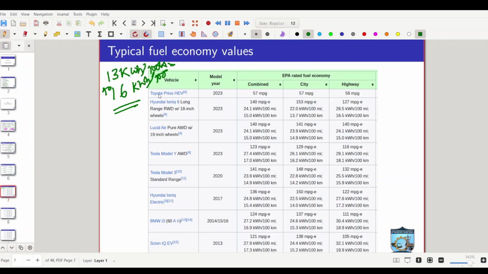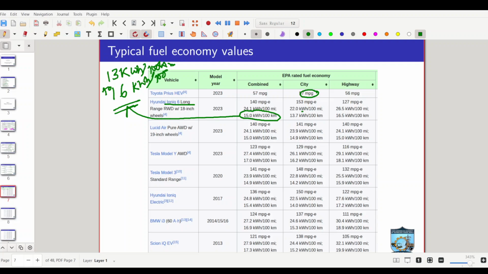Now comparing the various models. Toyota Prius, here only MPG is given, it's not an electric vehicle. This is the Hyundai Ioniq. For this, it is around 15 kilowatt hour per 100 kilometers, which is in between what we get on road in our country with the popular models.